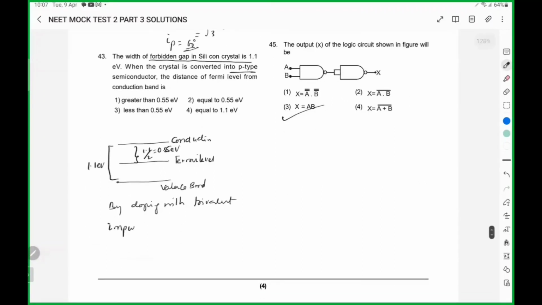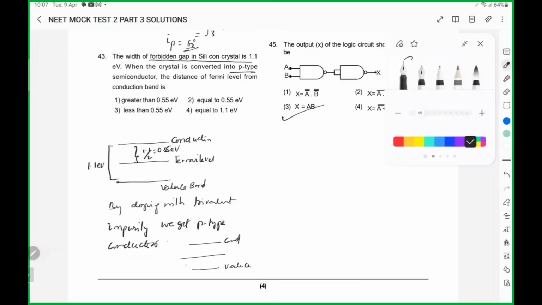Trivalent impurity, we get p-type conductor. So in this process, the conduction band and valence band energy levels stay as they are, but the Fermi level, initially here, shifts towards the valence band.